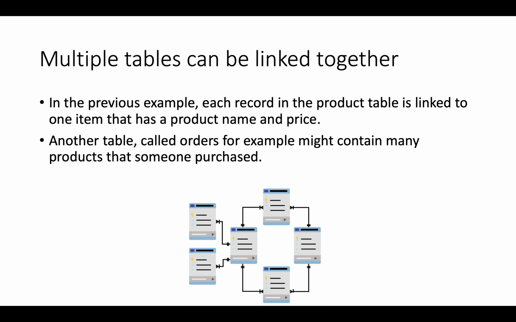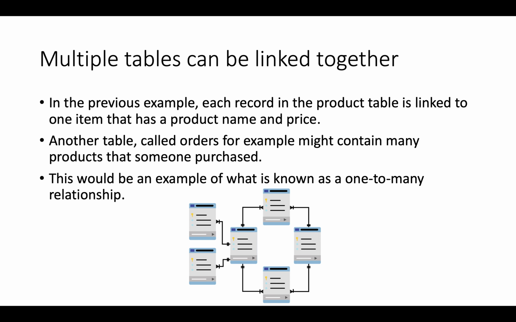Another table called orders, for example, might contain many products that someone purchased. Since each individual customer could order many products, this would be a one-to-many relationship.